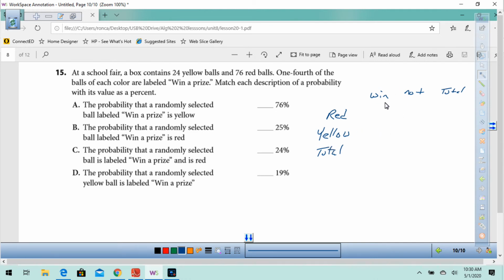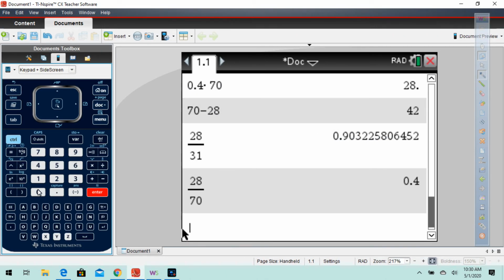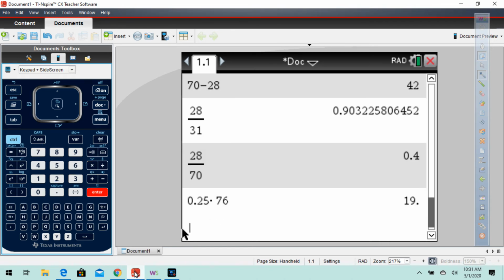Well, let's see here. What do we know? We know 25% of the balls win and 75 don't, and there's a total of 100. We also know that there are 76 red balls and 24 yellow balls. So that's how we got 100. So we got 0.25 times 76. That gives me 19.